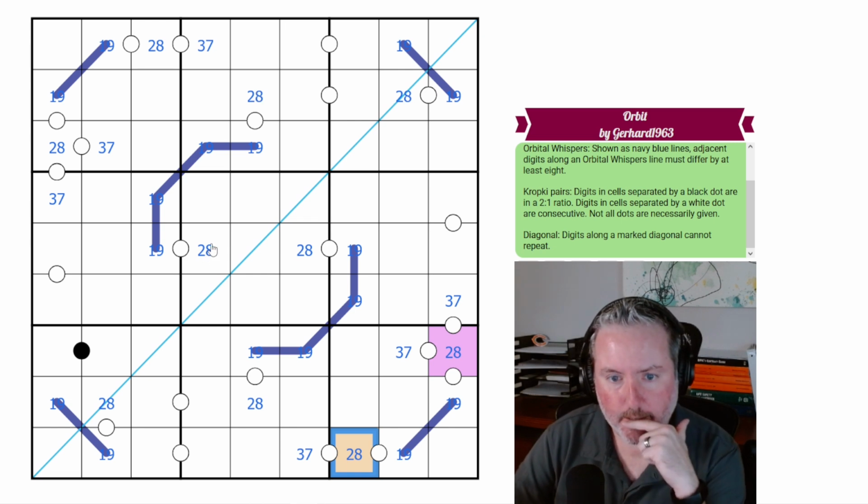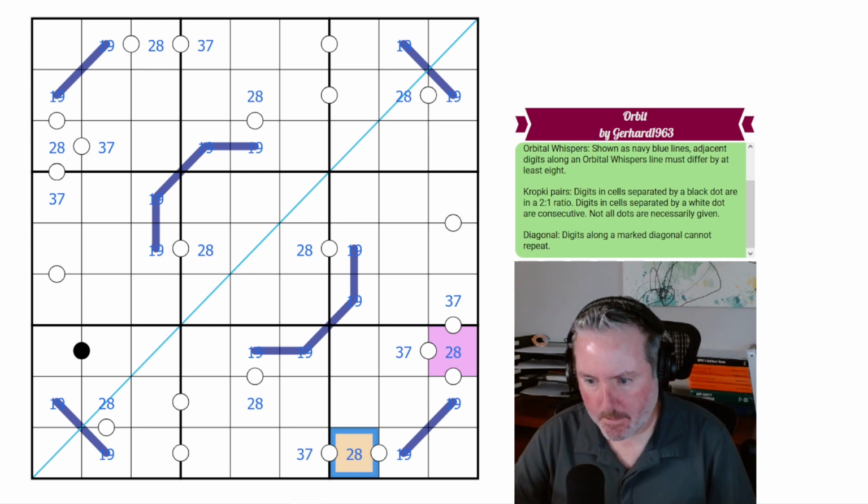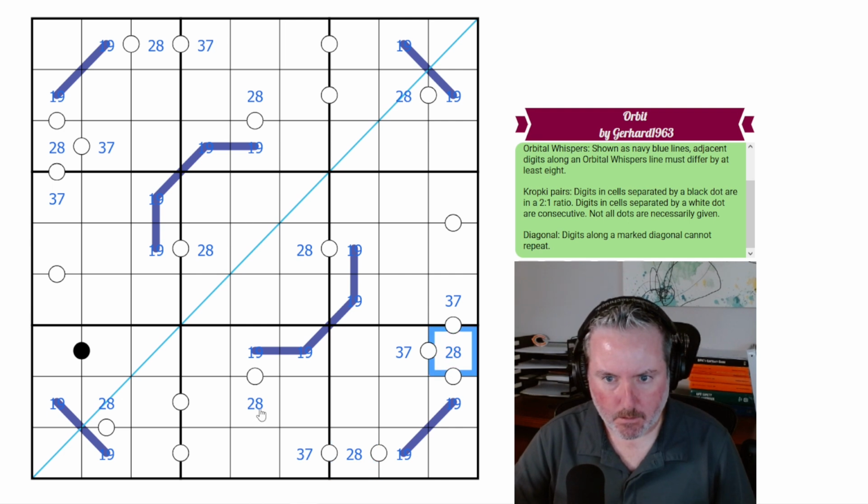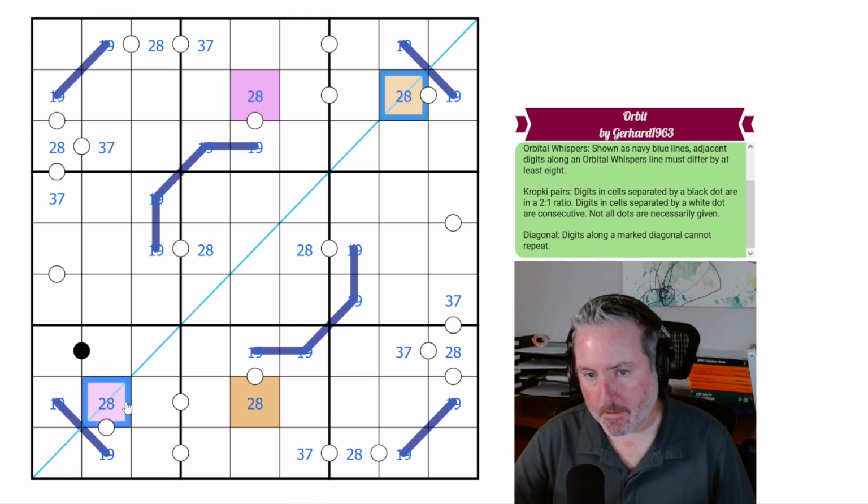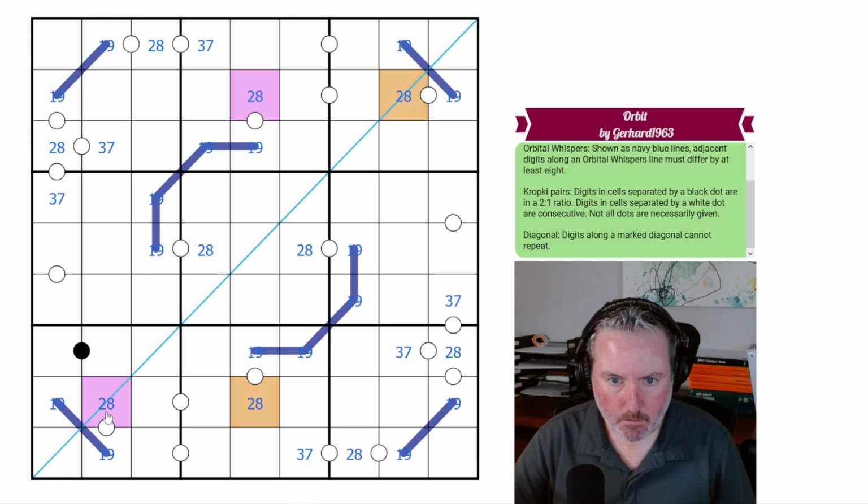So maybe we need to start somewhere else, and maybe it'll trickle around somehow. We can do the same thing here, and then we know that this is going to end up being an orange, this is going to end up being a purple, because we can't repeat the digit. But that doesn't go any further.